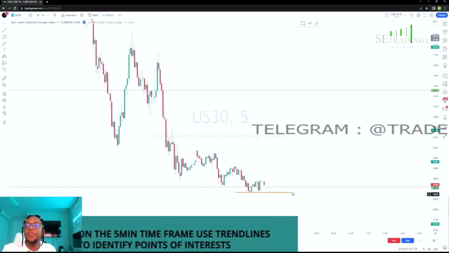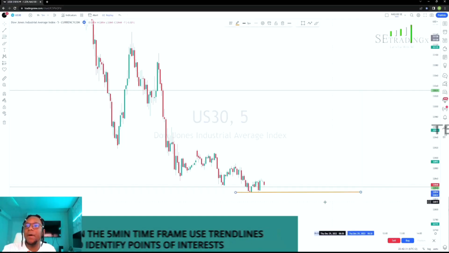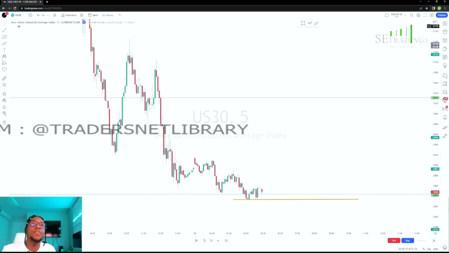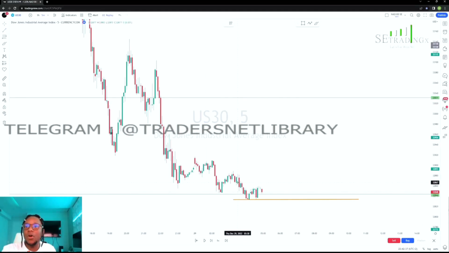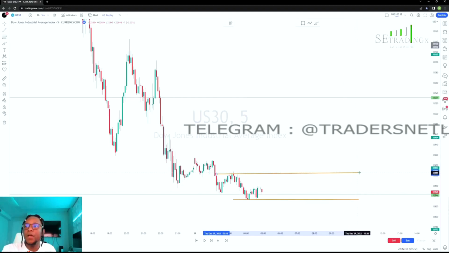So now we can just mark up areas a lot more efficiently just to look for a point of entry. So I'm deciding I'm going to take a buy because even on the M5, we're getting strong bullish movement, and everything's kind of slowing from the bears. So how do I determine a point of entry over here, right?